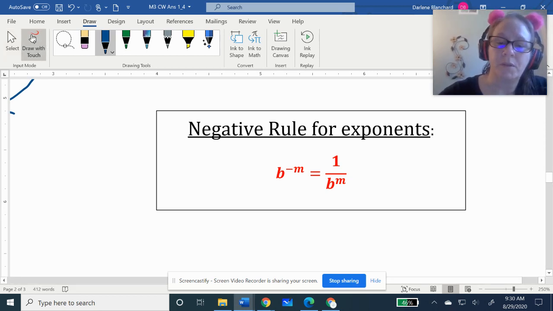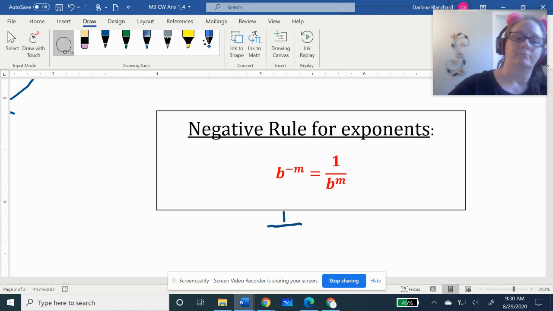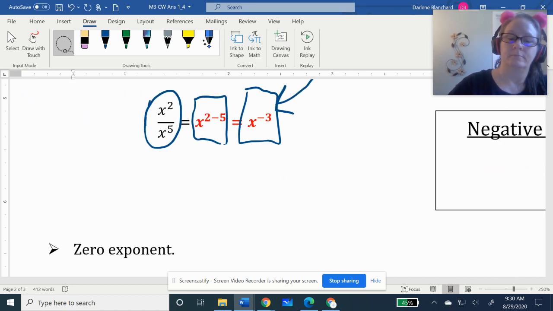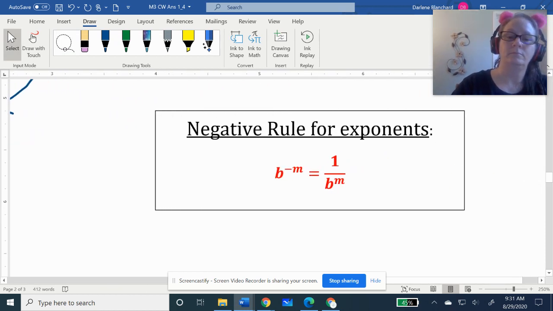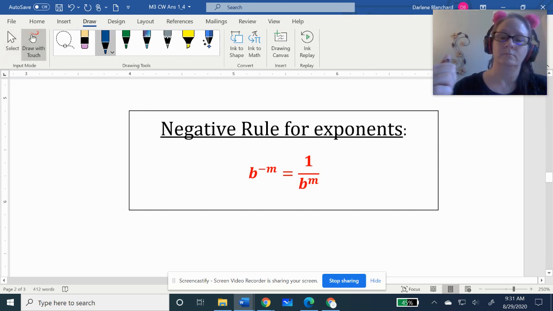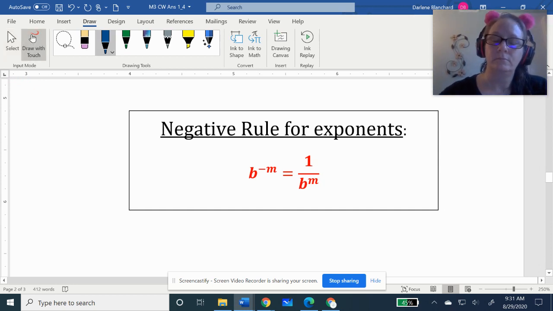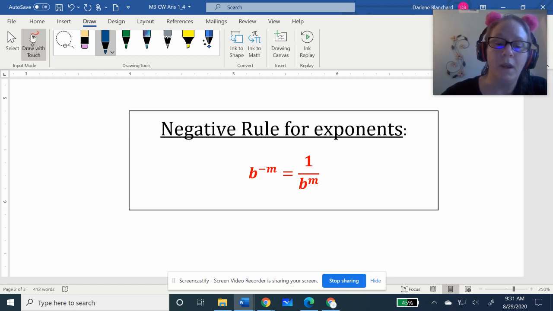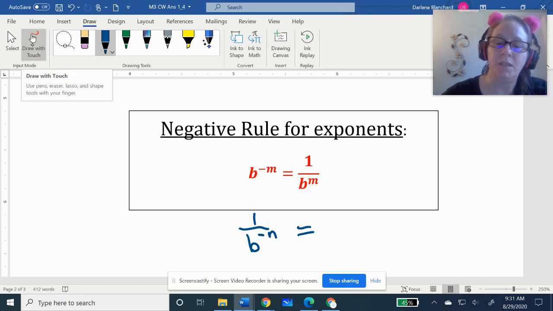That also means that if I have 1 divided by, let's say, b to the negative n, that means I have b to the n in the numerator.